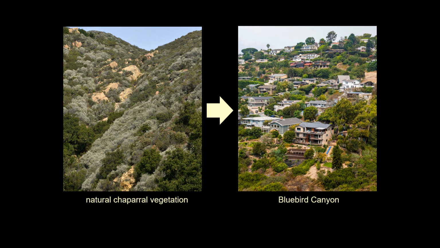The homes are $1 million homes, and what the builders did is they converted something that looked like the picture on the left here, natural chaparral vegetation, which is a characteristic Mediterranean vegetation of Southern California that's pretty dry, and they came in and they added a lot of landscaping.